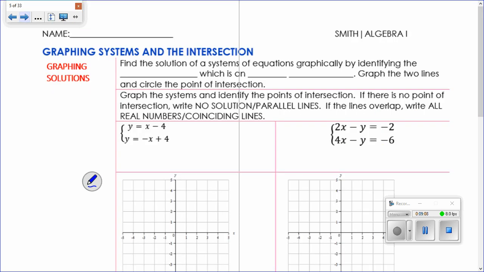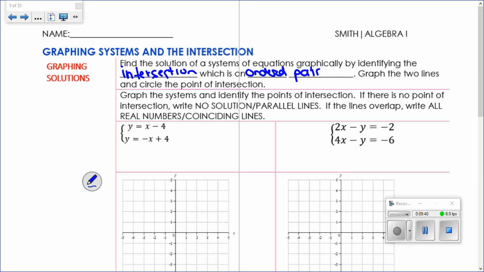Moving on to page 2, graphing systems and the intersection. So graphing solutions. Find the solution of a system of equations graphically by identifying the intersection, which is an ordered pair.